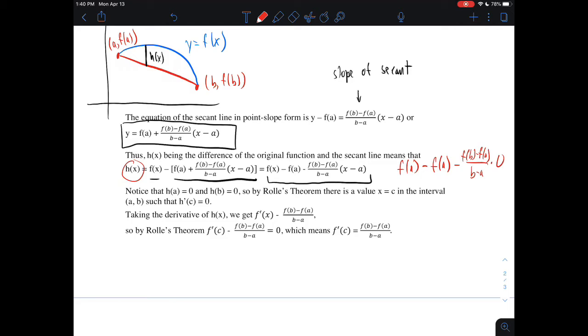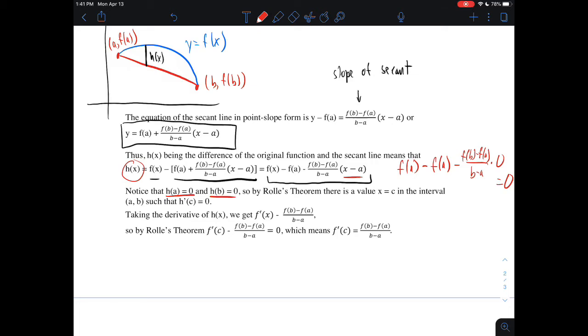So this becomes 0 minus 0, that's 0. That's why I'm saying that h of a is equal to 0. If you plug in b, you would have f of b minus f of a, and then minus that same fraction times b minus a, and so again we would get something minus itself, and that would end up being 0.